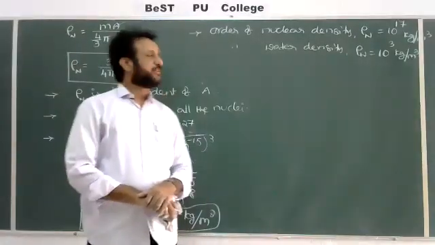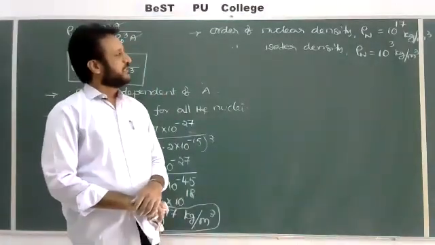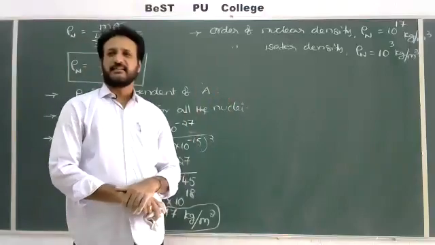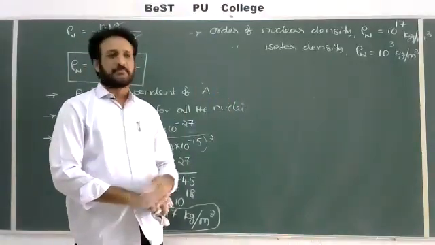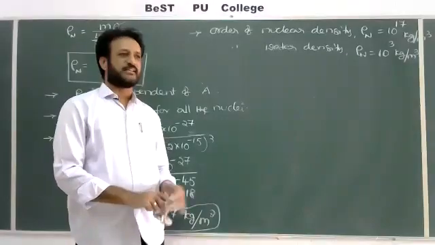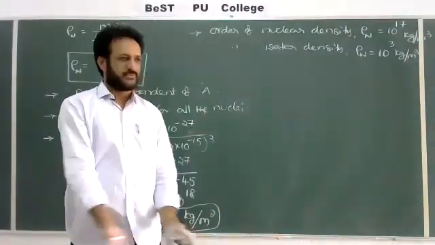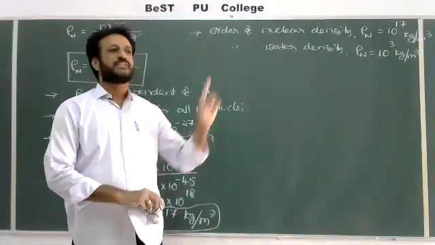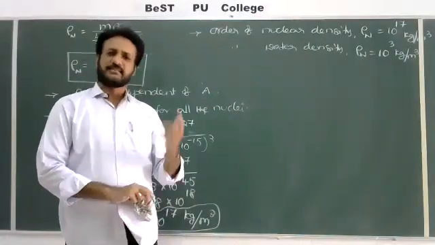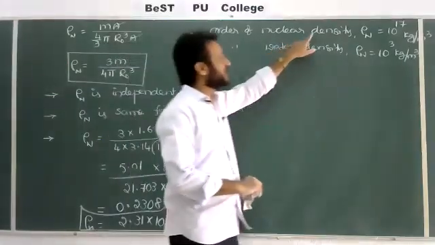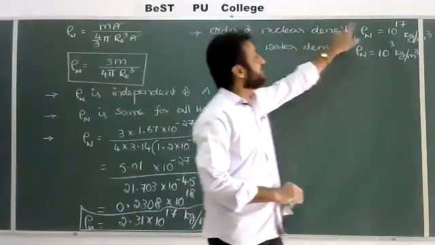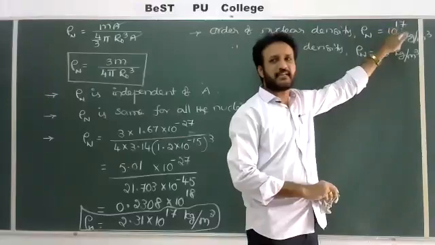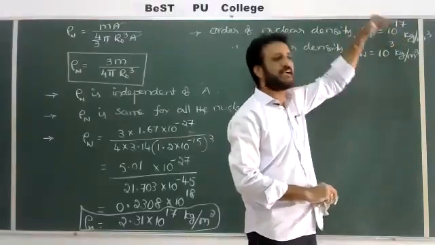Kg per meter cube means length 1 meter, breadth 1 meter, height also 1 meter. Such a box we have to consider, a 1 meter cube box. In that box, how much water can we fill? 1000 kg of water. In the same box, how much nuclear matter can we fill? 10 to the power of 17 kg of matter we can fill.